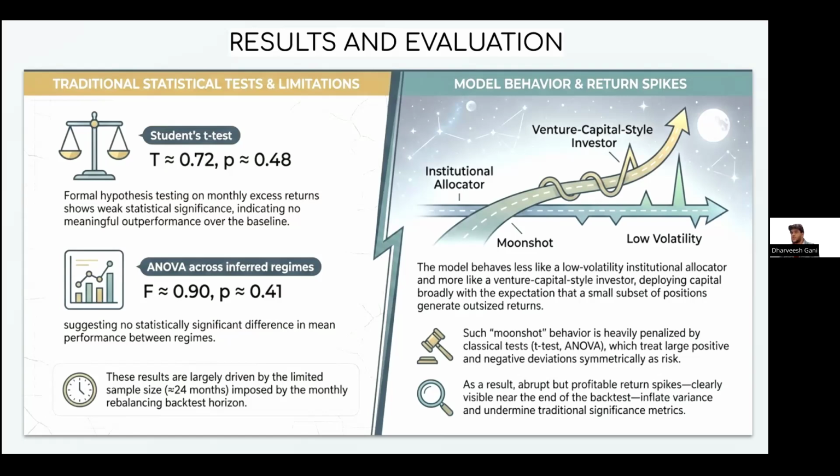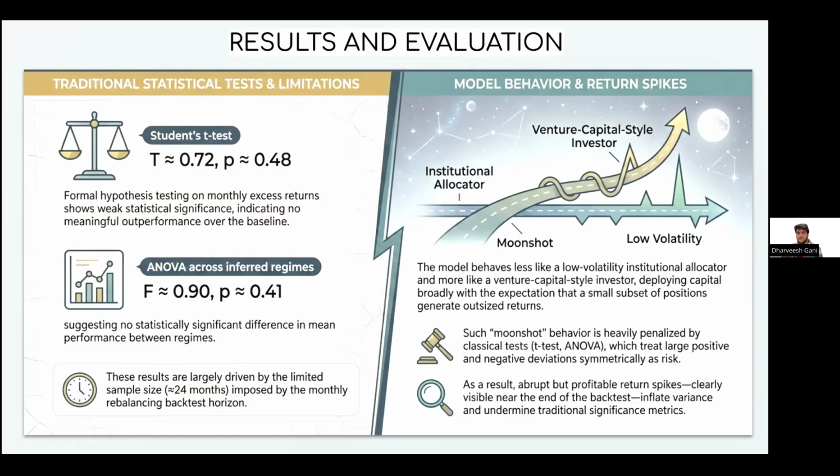But these tests are not a good metric to judge this type of model, which works well for its intended universe, that is the biotech universe, which is highly volatile and sparse. The student t-test, ANOVA and all the classical tests penalize volatility, that is the standard deviation, on both the positive and the negative side.